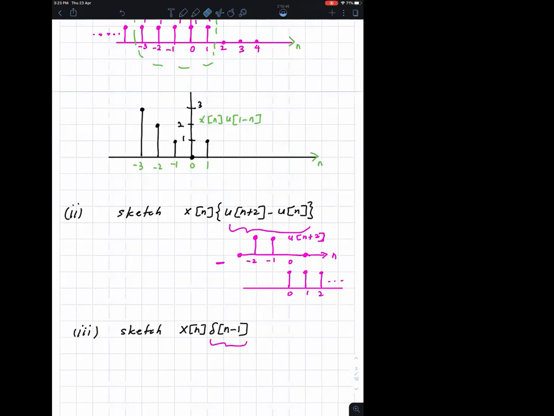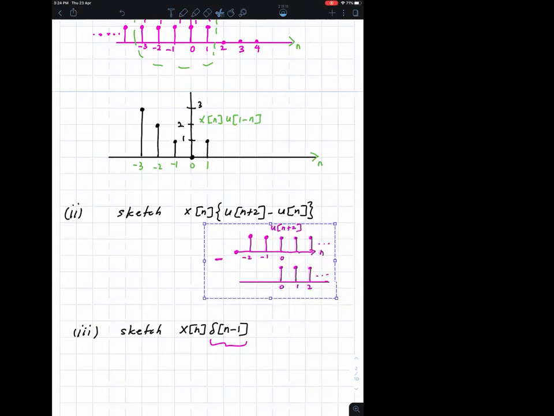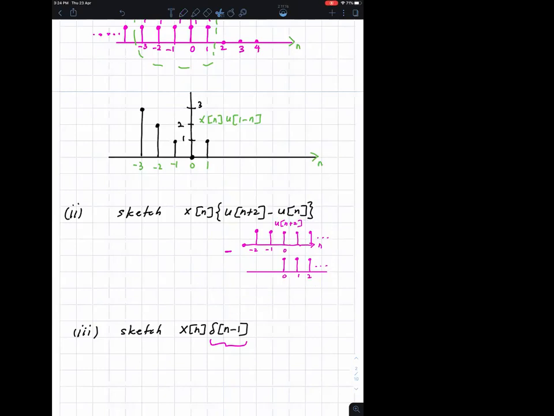Okay, a small mistake here. Continuously goes. Now u[n plus 2] subtract u[n].